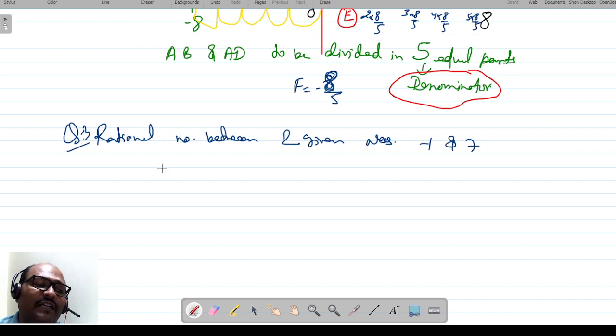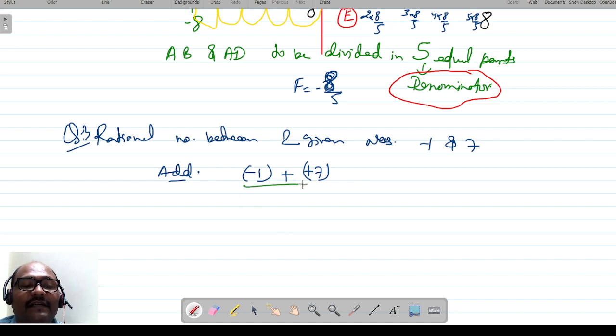Students, do one thing, just add both the numbers. Minus 1 to be added with plus 7. These are the two given numbers with us. What will we do then? Just divide it by 2. This will be equal to 7 minus 1 equal to 6 by 2 equal to 3.